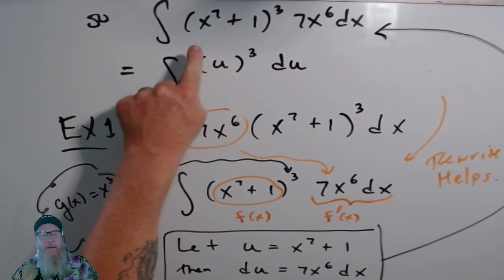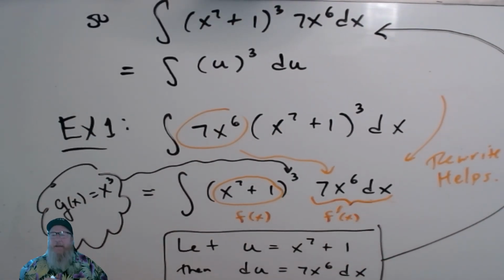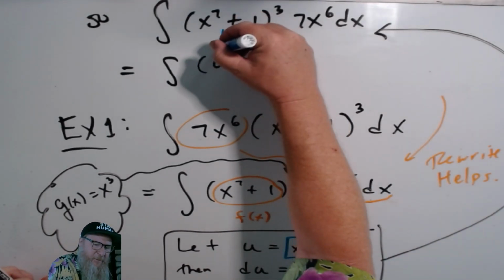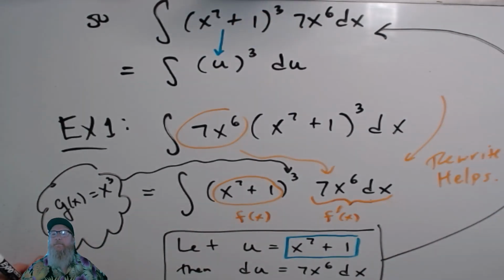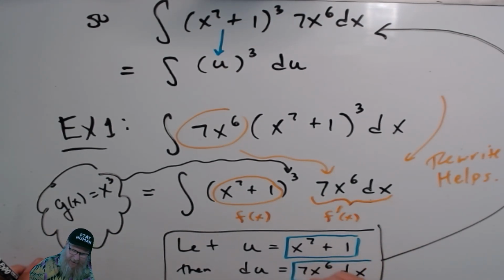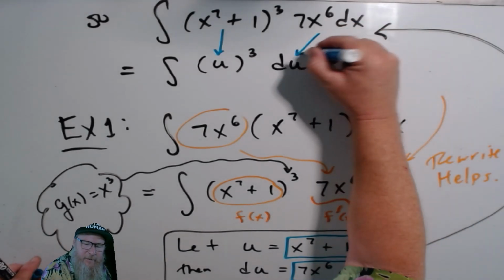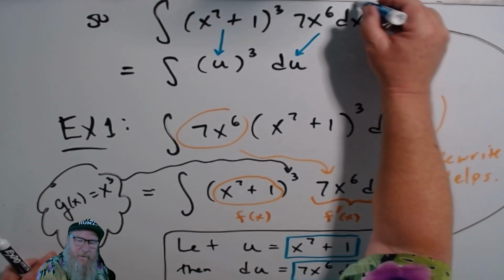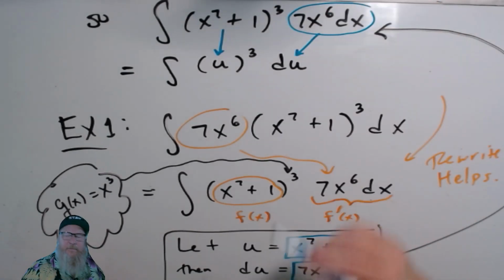So I hope you can see, the x to the 7th plus 1 becomes the u. And the 7x to the 6th dx becomes the du. All of this becomes the du.